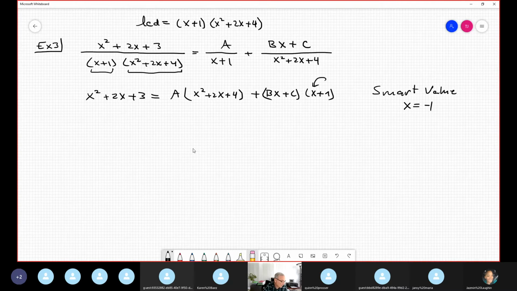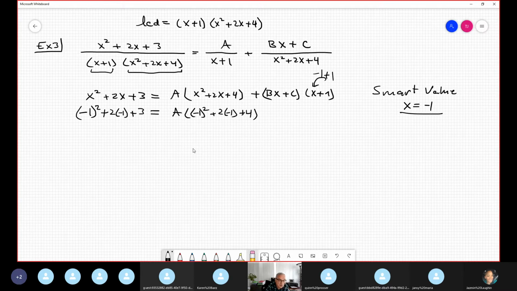On the left, -1 squared plus 2 times -1 plus 3 is equal to A times (-1 squared plus 2 times -1 plus 4). And that part is 0 because -1 plus 1 is 0. I don't care about that part, 0 times anything is 0. That's the reason it's a smart value. This is 1 minus 2 plus 3. This is 2, because 3 plus 1 is 4, minus 2 is 2.